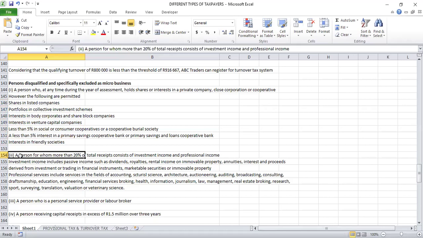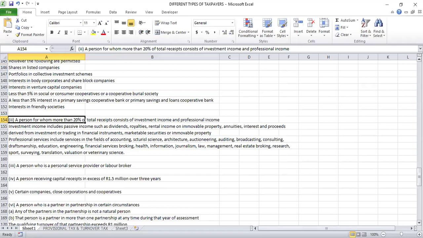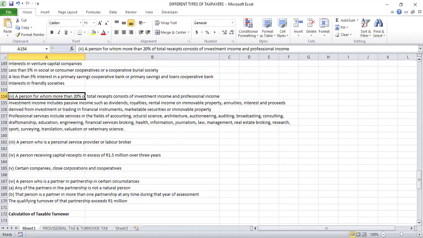Right. A person for whom more than 20% of the receipts are investment income and professional income. I think I talked about what is investment income. We said rent, dividends, interest, and stuff like that. And what is a professional income?